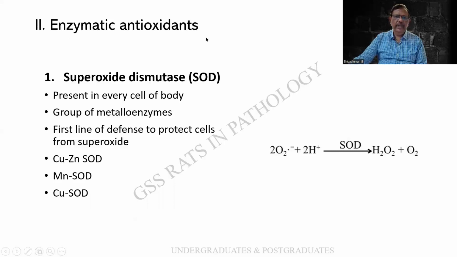So this is one of the antioxidants that we are seeing, superoxide dismutase. It is a group of metalloenzymes present in all the cells. It is the first line of defense. Whenever there is a free radical, it inactivates it. For example, copper zinc superoxide dismutase, magnesium superoxide dismutase, and so on.